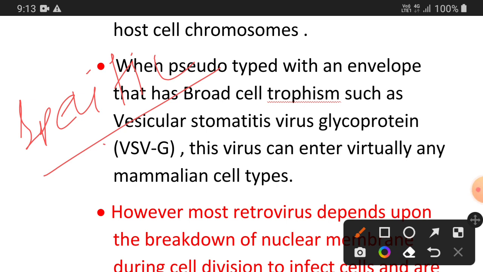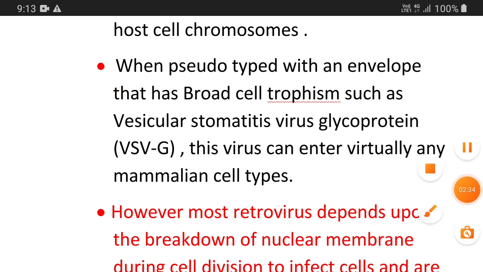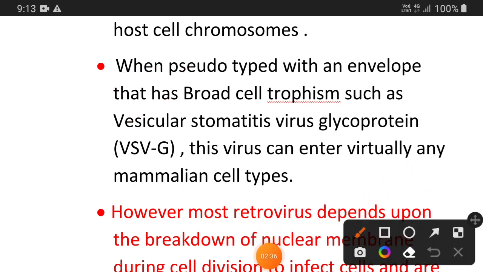So if you want to make it broad in cell tropism, that means a viral vector that can transfect a wide range of cells, or broadly any mammalian cell type, then you have to apply pseudotyping. You apply pseudotyping with the help of an envelope that gives the vector the ability to transfect any kind of mammalian cell.